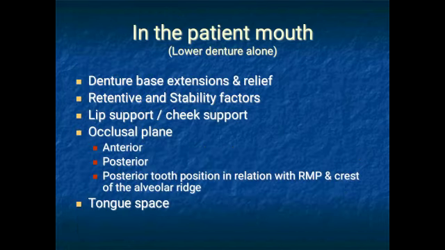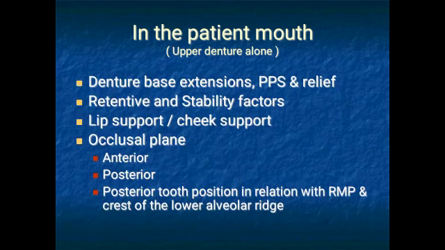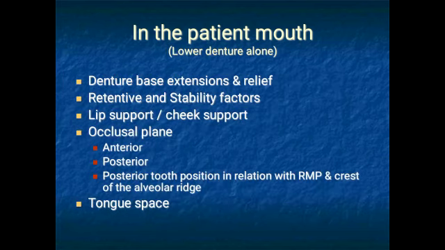In the patient mouth, lower denture alone. You have to check the denture base extensions and reliefs. You have to check the factors like retention and stability, lip support and cheek support, occlusal plane both anterior and posterior in relation with RMP and crest of the alveolar ridge, tongue space.